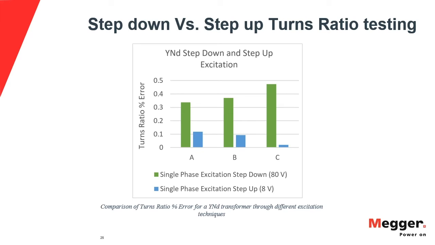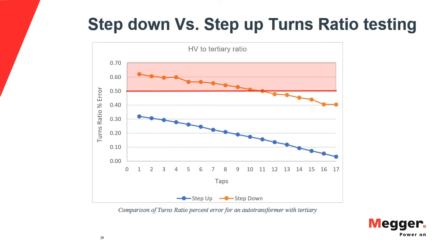So better accuracy. In this other example, we look at all the ratio measurements of a transformer with a tap changer, 17 taps. In the case of step down, the traditional technique, we see that more than half of our taps were outside the limits, more than 0.5% error. And then when we switch to step up, in this case I don't have the data in terms of the voltage, but again, just comparing step down versus step up.